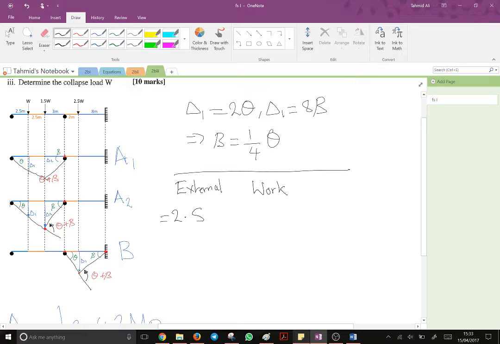So the external work is equal to 2.5 delta 1 W. We know what delta 1 is, so let's sub it in terms of theta so we can eliminate it afterwards. If I sub it in, we get 5 theta W.